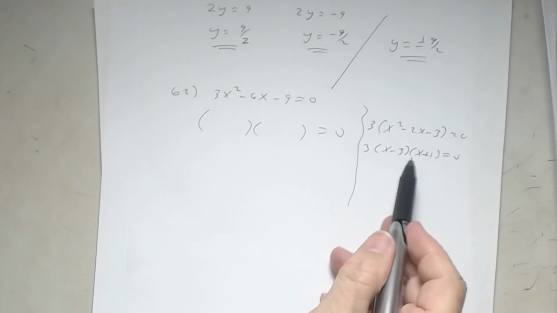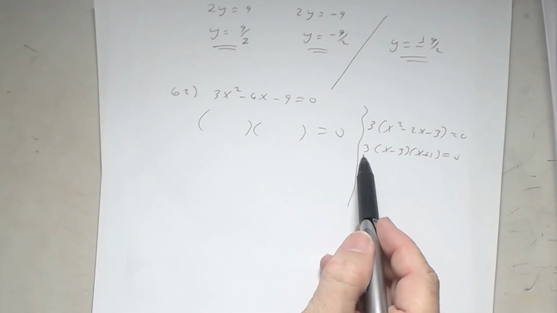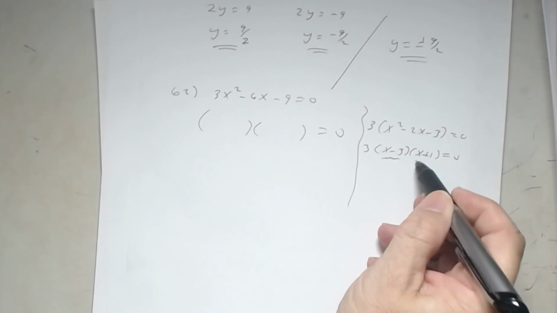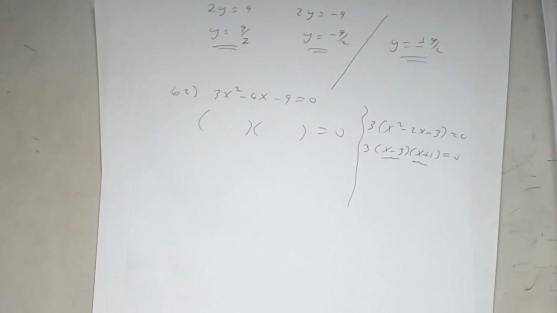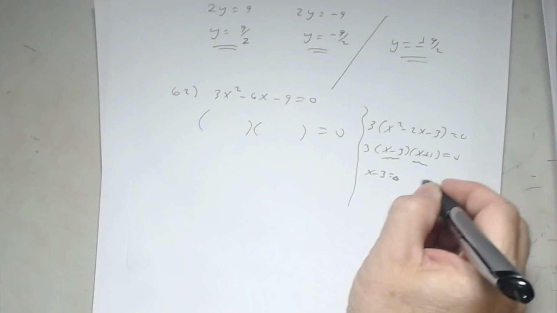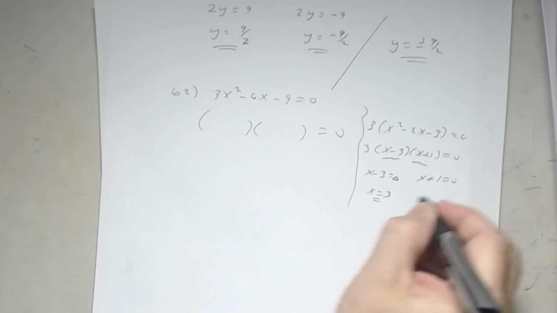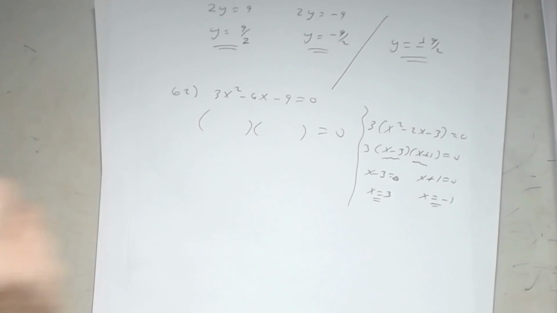How many factors do you see here? 3. Only 2 of them do you use, because 3 can never equal 0. So x minus 3 equals 0 and x plus 1 equals 0. So what's x here? 3. Here? Negative 1.